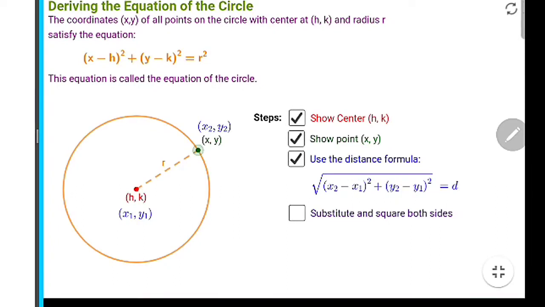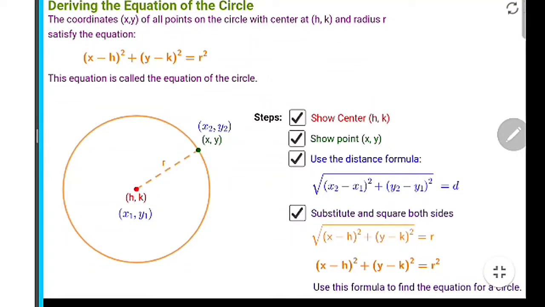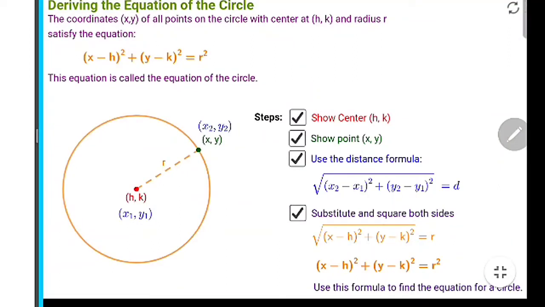You can now substitute the terminology for the circle. Instead of x sub 2 and x sub 1, we use x minus h squared plus, instead of y sub 2 minus y sub 1, we have y minus k squared, and the square root of that is equal to the distance r. Of course, we don't want the radical in our equation, so we square both sides.